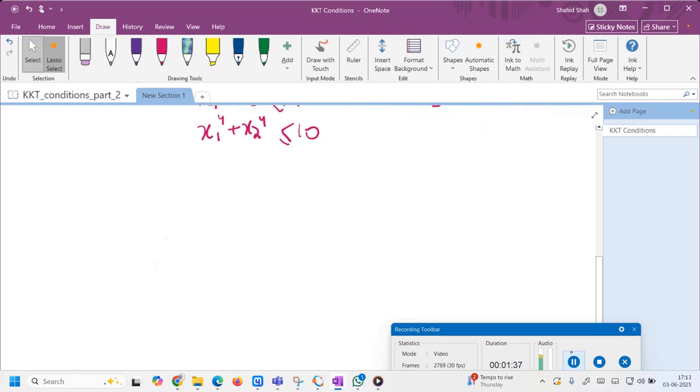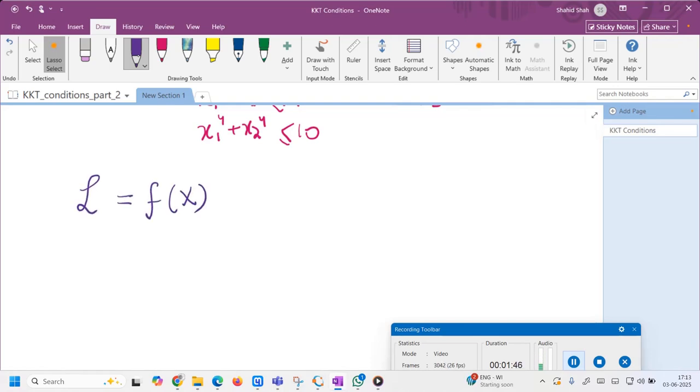When you have these constraints, remember the first thing we need to do is define the Lagrangian. First you write the objective function, then for the equality constraint, let's have Lagrange multiplier lambda times g of x, plus for the inequality constraint, let's have mu times h of x. Now if you have multiple equality and inequality constraints, we will index it like this.